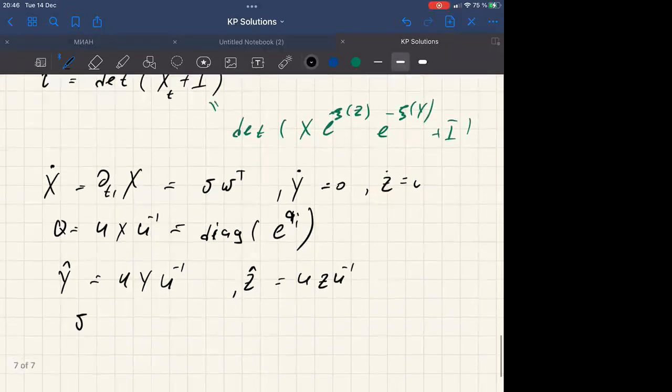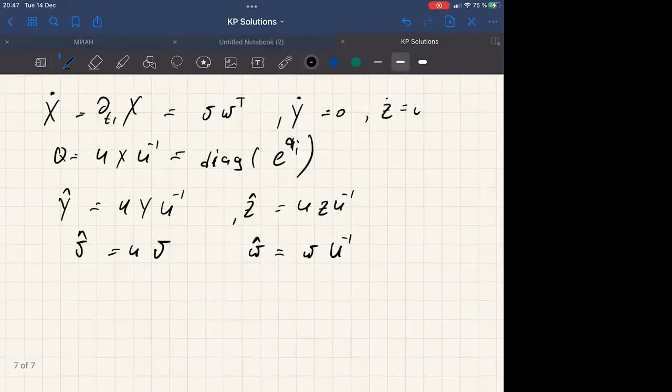V equals U V hat, and W hat equals W inverse.